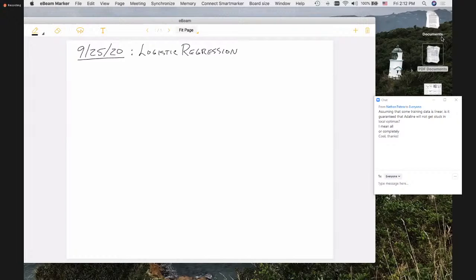But before we jump into the discussion of logistic regression, there was a detail left over from Wednesday that I didn't get to, and so I want to finish off that conversation.